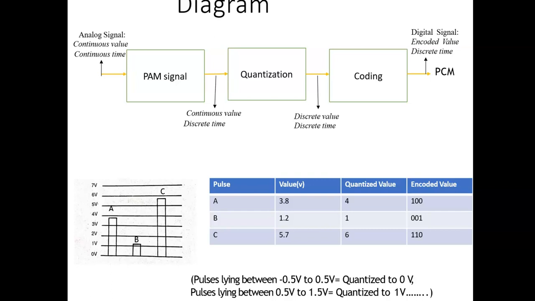The output of the encoder is a digital encoded value. A, B, C are three pulses with values 3.8, 1.2, 5.7. These are quantized using the quantizer and you get the rounded values. The encoder encodes the quantized values and we get the binary digits as shown in the table.